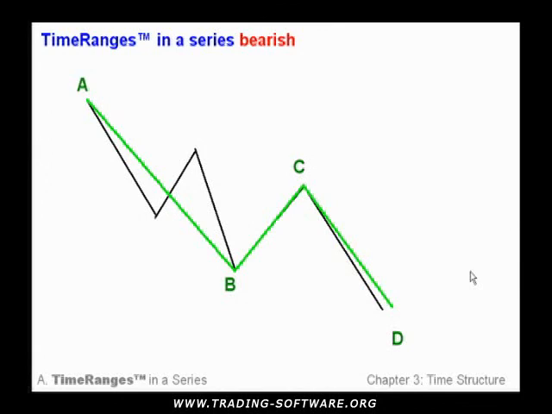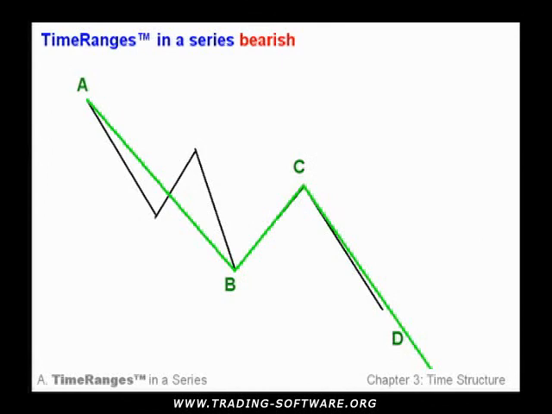So for CD to be fully stretched out to where it is at least equal to AB could bring us somewhere down here. So therefore, again, the widest time range, which is confirmation point 1 tick below B right here, this tells us that, hey, we're going down a little bit more than compared to the other scenario. And also in this case, the BC is a much more shallower retracement against AB.